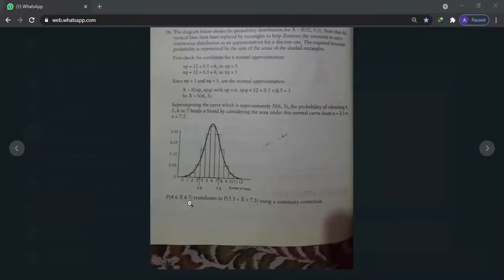So we will apply continuity correction on 4 and 7. The rectangle of 4 starts from 3.5 and the rectangle of 7 ends at 7.5. We will transform the probability of 4 till 7 to the probability of 3.5 till 7.5. This is the continuity correction when we convert a discrete distribution into a normal distribution.